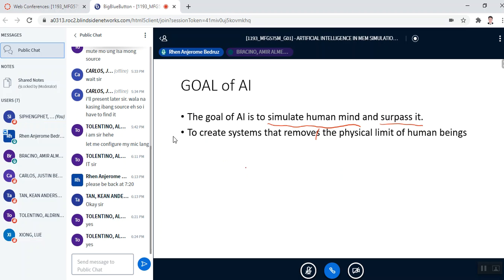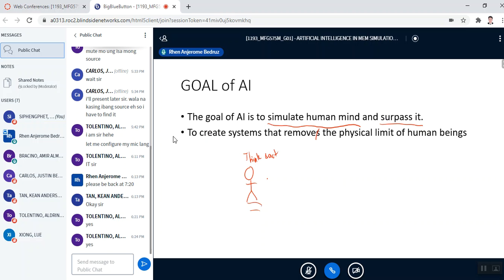For example, a human being can think and act. For example, this human being is working in a manufacturing plant.